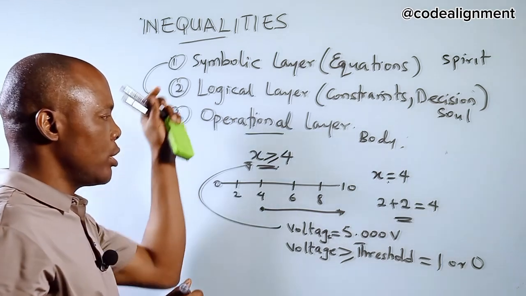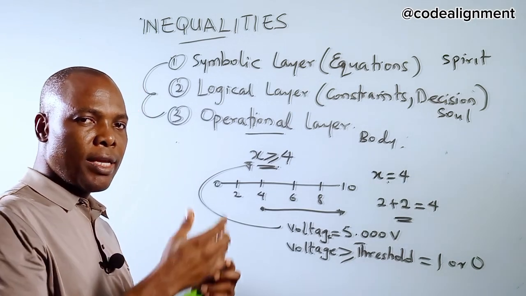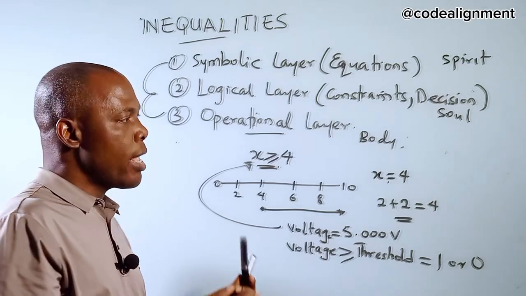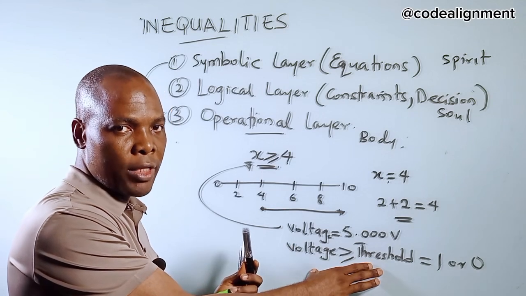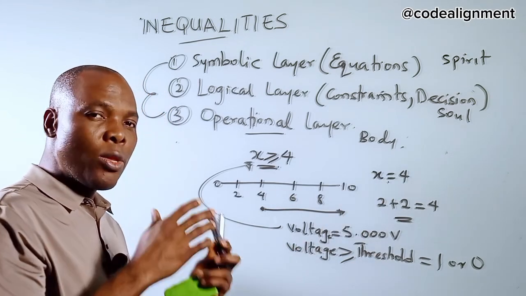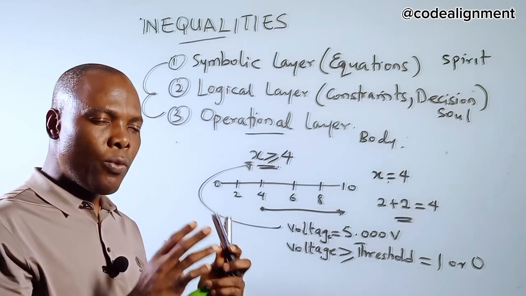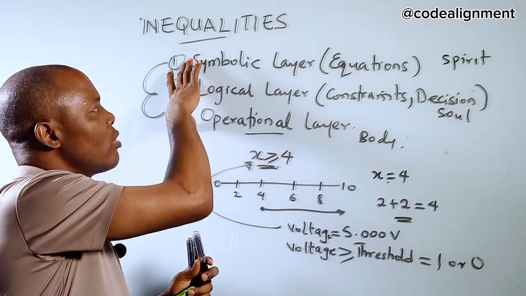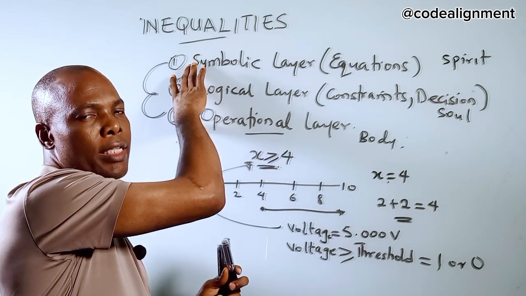So that is why I'm teaching you this class, because when I'm going to teach you that MOSFET, which is a device that brings mathematical inequality into what? Physical permission, I am going to use the concept of threshold, which I taught you in my first class, to be able to explain that. But when you are looking at mathematics, you must look at mathematics through the lens of these 3 layers, not just through one lens.